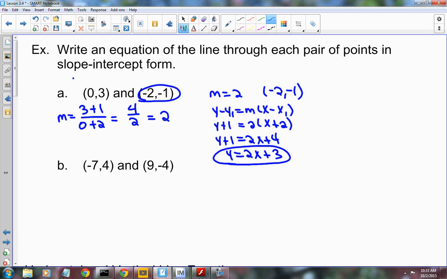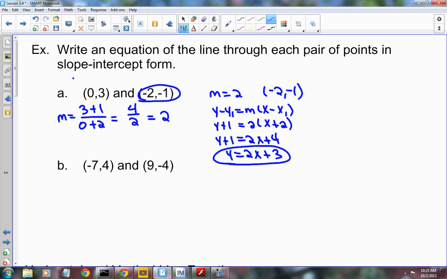What is my y-intercept? My y-intercept is 3, right? What does this point right here represent? It represents the y-intercept. It's where it crosses the y-axis, and the point is 0, 3, right? That means that it lies on the y-axis. That's where it crosses it. So really, if I was given this point and I found the slope, I could go straight to the answer.